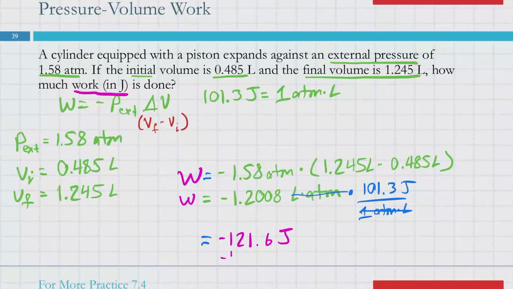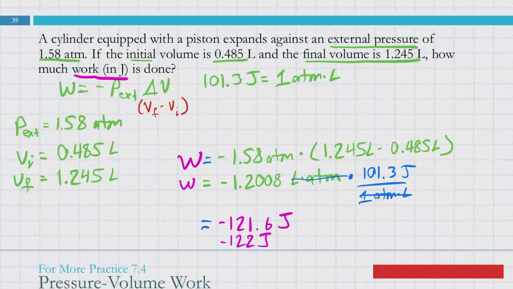So we'd probably round that to 122 joules. So what this means is that the cylinder did 122 joules of work. It lost 122 joules worth of energy by expanding.